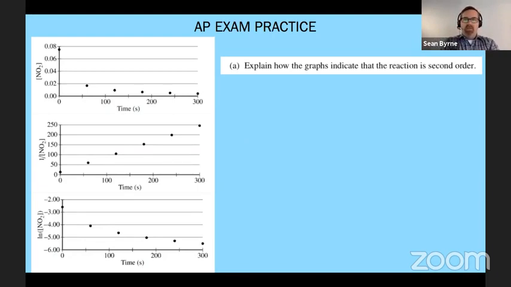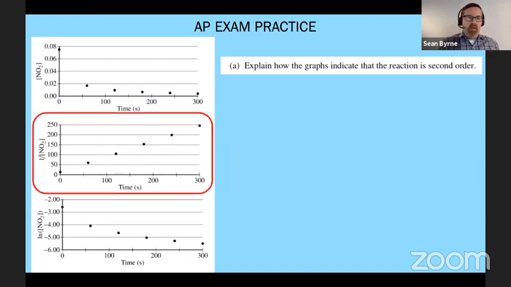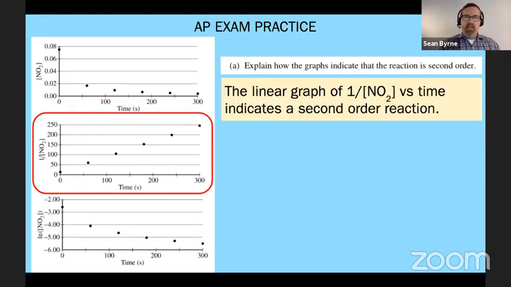The first question asks us to explain how the graphs indicate that the reaction is second order. So we would zoom in here and we should immediately recognize that this is our linear equation. Because the graph of 1 over the concentration of NO2 versus time is a straight line, that indicates that it's a second order reaction.